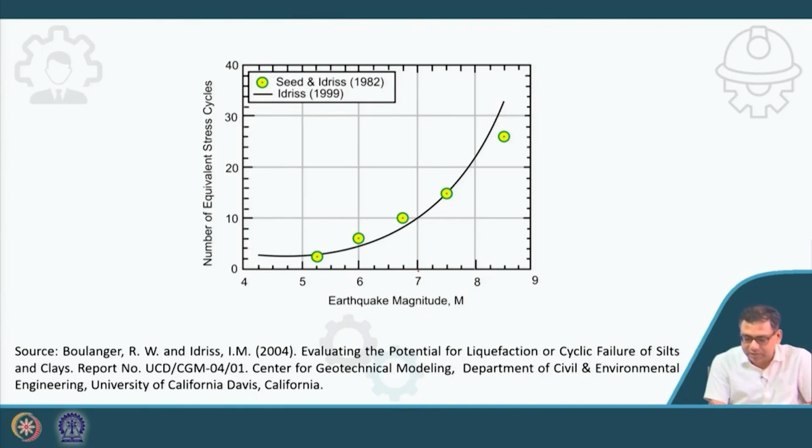You can see for magnitude 7 it is 7.5, it is 15, then for 8 it is around 22, and for 8.5 it is around 32. So these are the equivalent number of uniform stress cycles, which is a function of the magnitude of an earthquake, as we have already discussed.